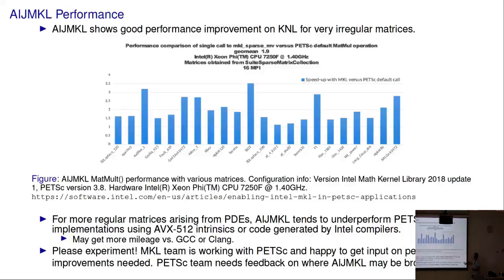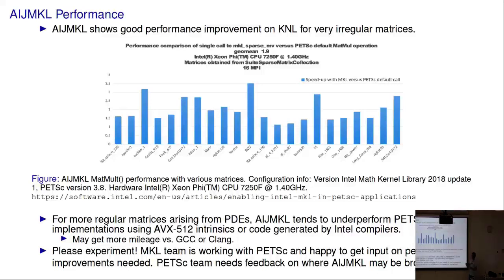I've been really pleased at the level of engagement that the MKL team has with this. They seem really interested in it, and they've asked me to tell them when I observe cases like this where the Intel compiler is generating faster code than what MKL has. It should not happen, and they want me to tell them.